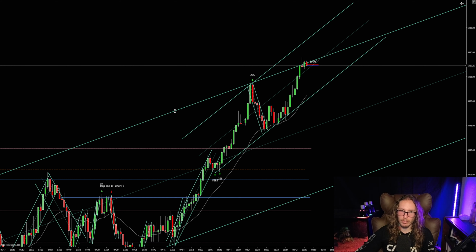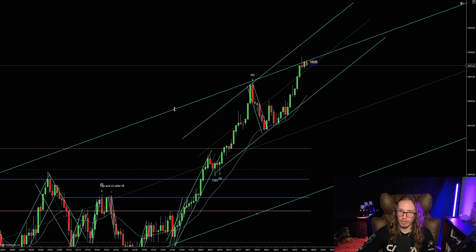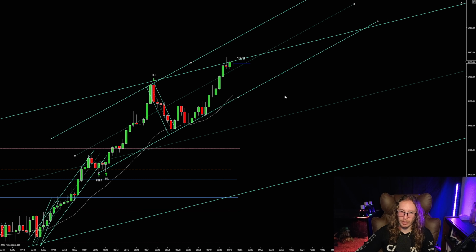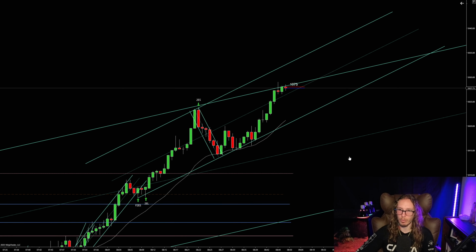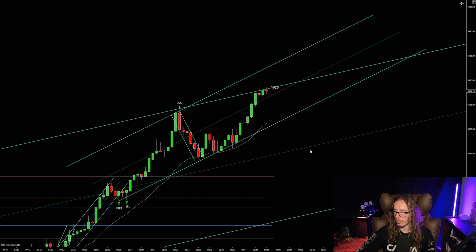But if you have to keep on dragging this thing up, then what I would do here is play the spiking channel, which is right here. That's what it's looking like, a spike and channel pattern, and that does seem to fit pretty decent. The bigger channel was a possibility, but with us not even pulling back to the midline, it might be a spiking channel. So we'll keep both of them on there and leave it like that.